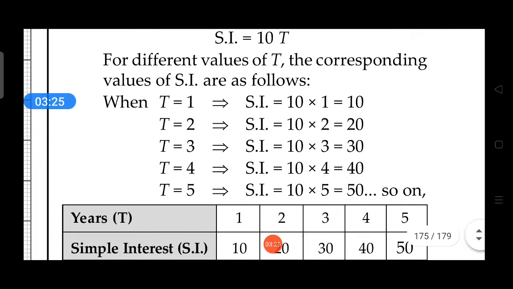Now for different values of T, corresponding values of SI, T is 1, 2, 3, 4, 5. So SI will be 10 into 1, 10 into 2, 10 into 3, 10 into 4 and 10 into 5. So 10, 20, 30, 40 and 50.